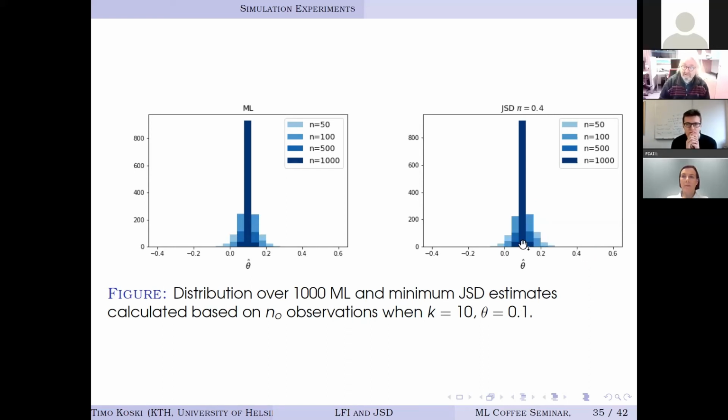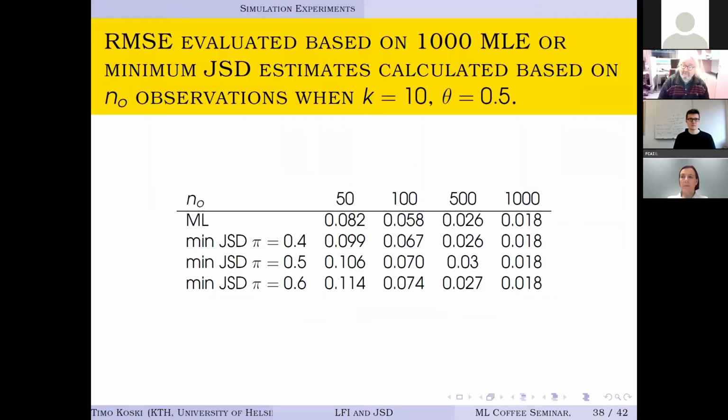What happened here now? So okay, here is k and 0.1, and then in fact the tail phenomenon is not as apparent as otherwise.